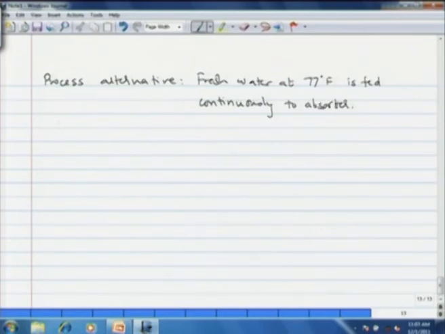Now, vapor pressure of acetone for such temperature is about 229 mm mercury. The total pressure is atmospheric 760 mm mercury, and the activity coefficient gamma for acetone water system is 6.7 at 77 degrees Fahrenheit.